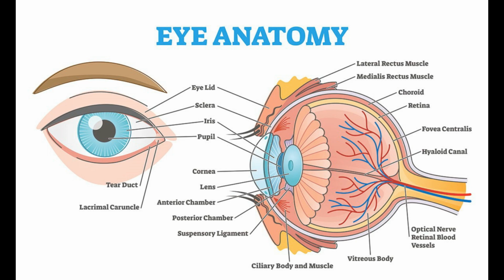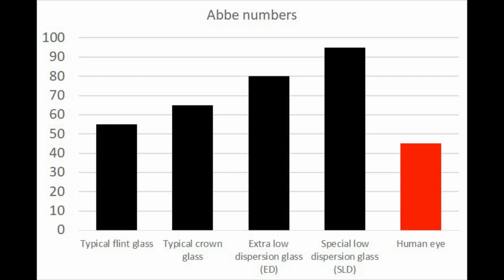Looking at the lens in front of the eye, the Abbe number of the eye is about 45, which is lower than almost all optical glass. This means that our naked eye is less sensitive to chromatic aberration than what you might think.